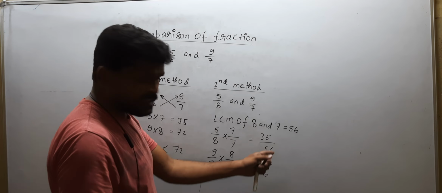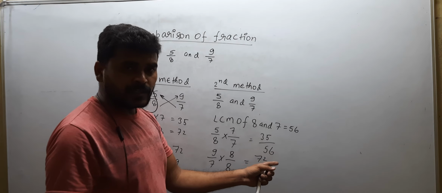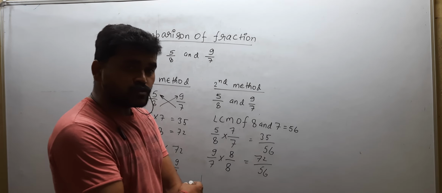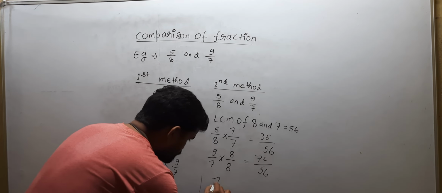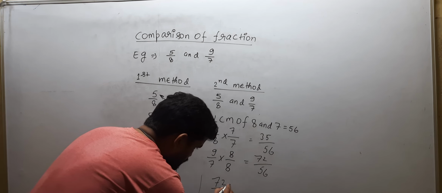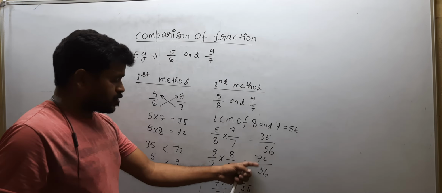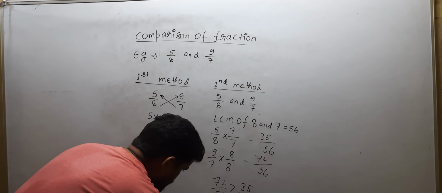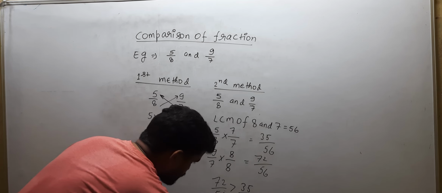Now both are like fractions. In like fractions, if the denominators are the same, then the fraction whose numerator is greater than the other fraction's numerator, that fraction is greater. 72 upon 56 is greater than 35 upon 56. 72 upon 56 belongs to 9 upon 7 and 35 belongs to 5 upon 8.